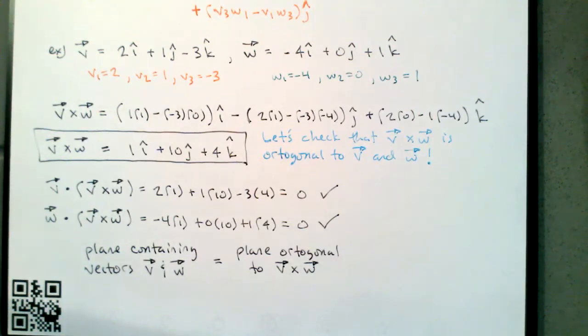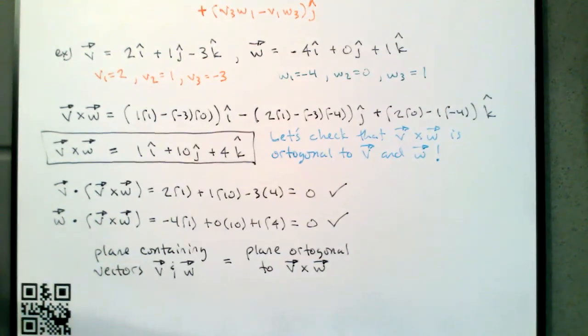If the span of v and w is the vector space H, the subspace H of R3, then the normal vector is H perp. Any questions?